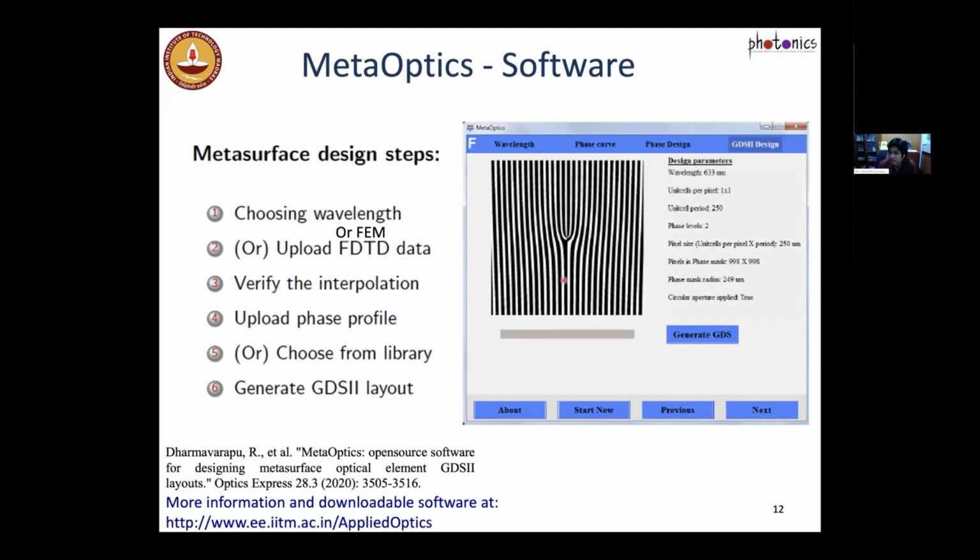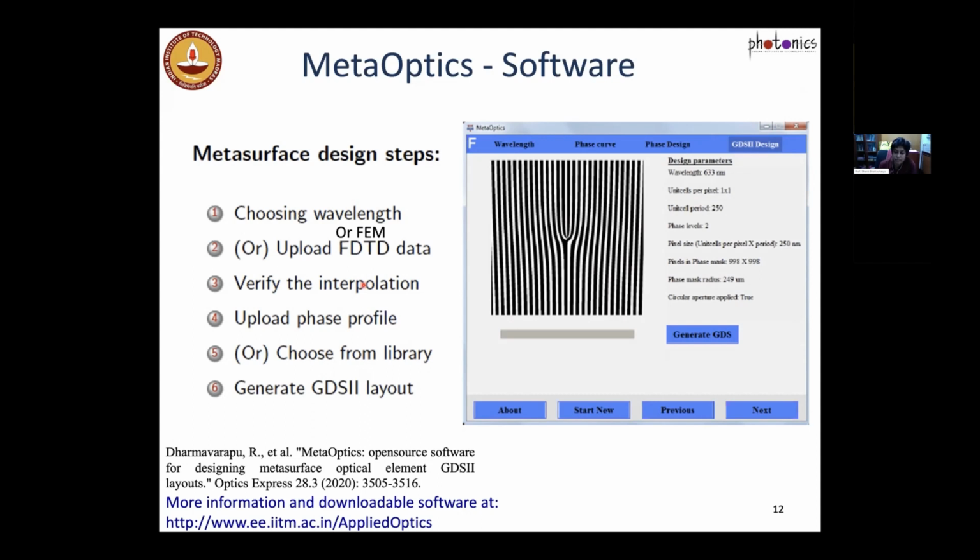There are libraries. You can pick the wavelength of choice, and you can also say how many phase levels you want, and it will give you the meta-optic code for that. In this case, it generates the GDS2 file, which is required, say, for the lithography tool. So you now have your phase already, and you also have it in a format that is useful for the fabrication.